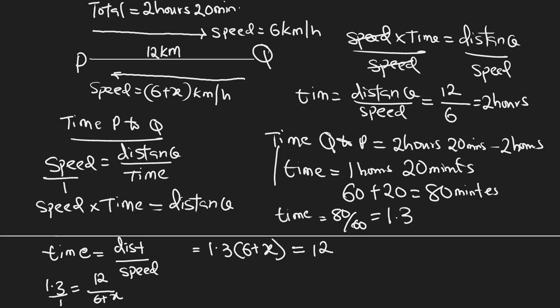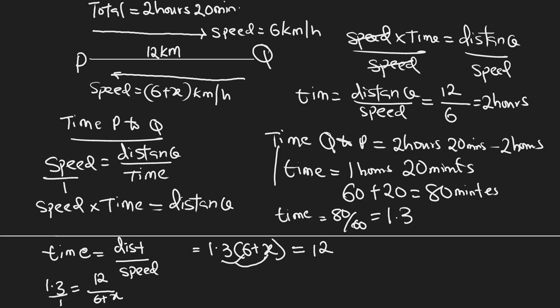We cross multiply. This one here will multiply by this, and this will multiply by this. So you can see 1.3 is multiplying by 6 plus x, and 1 is multiplying by 12, which is the same as 12. So we open this bracket, it's going to be 1.3 times 6. This one will multiply by this, and it will multiply by this, right?